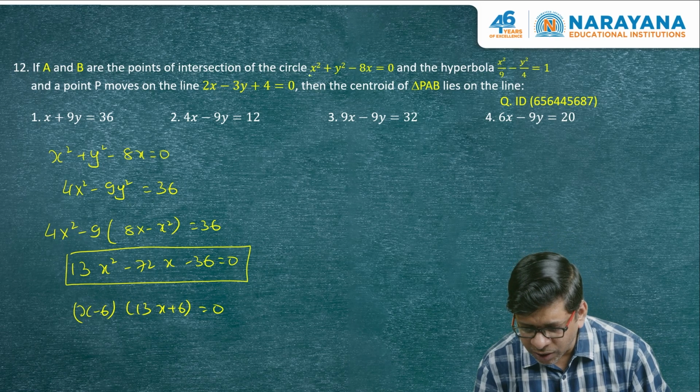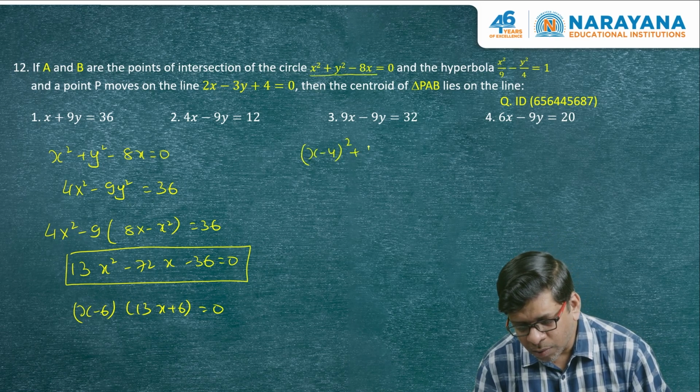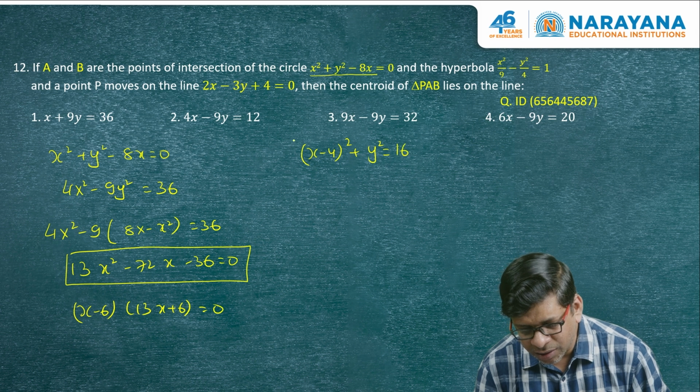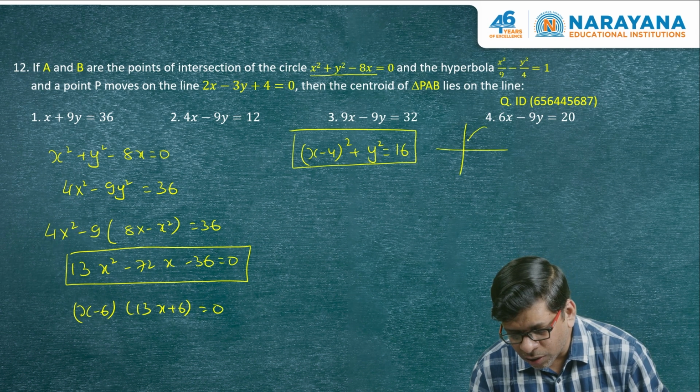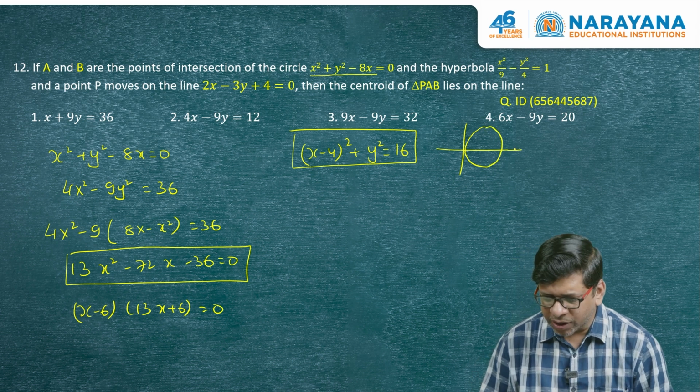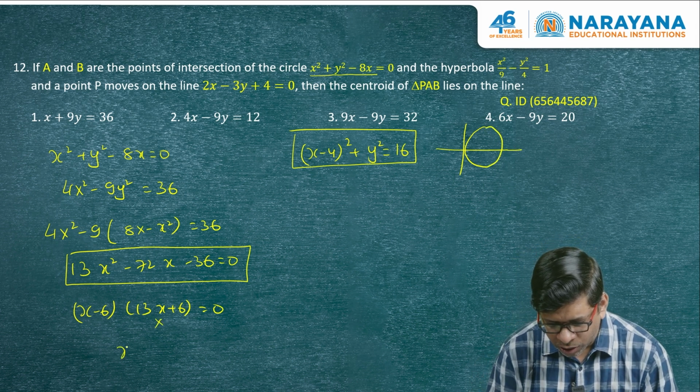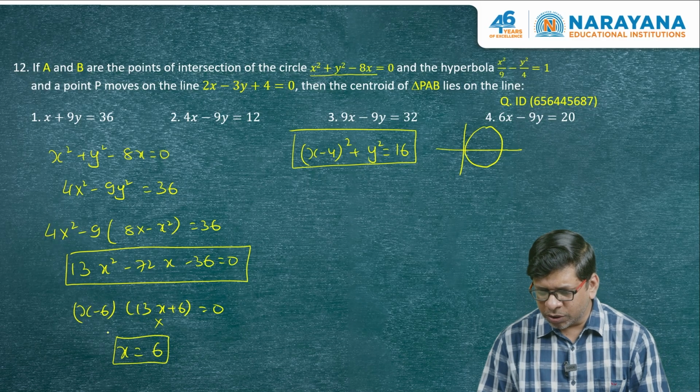But if you look at the circle, x minus 4 whole square plus y square equal to 16, the circle is only on the right side of the y-axis. So the point of intersection cannot be negative, so this cannot be the solution. So x should be 6.